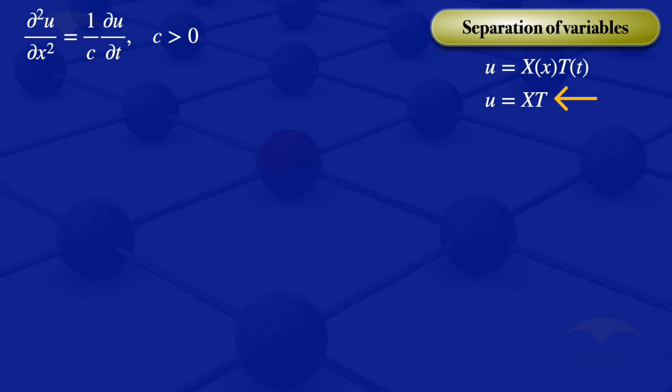But in our differential equation, we have a second partial derivative of u with respect to x. So we need to differentiate this with respect to x.